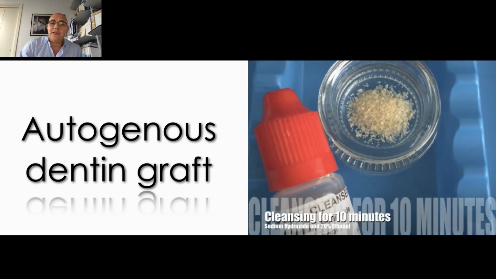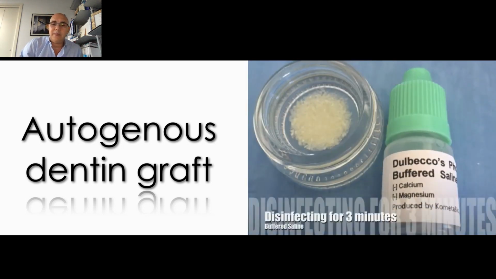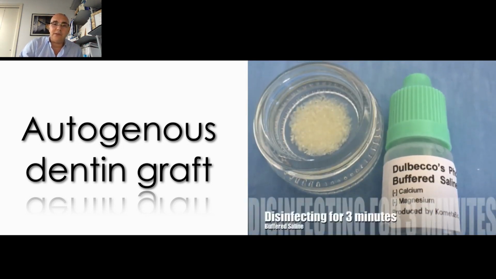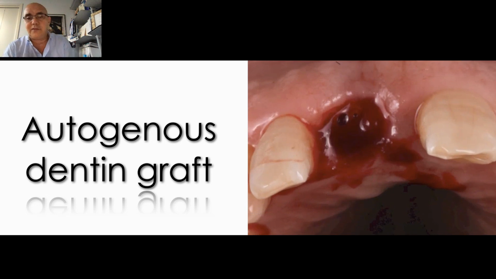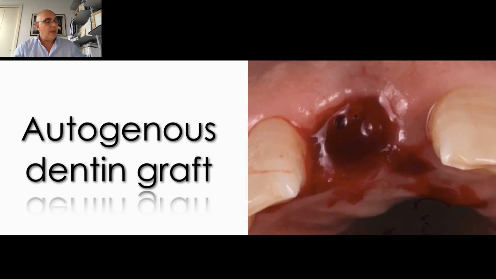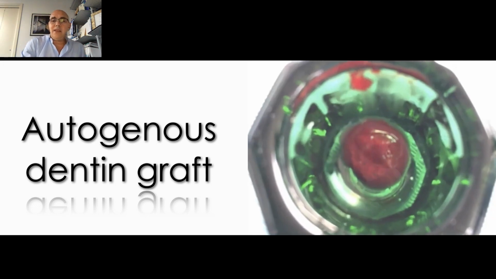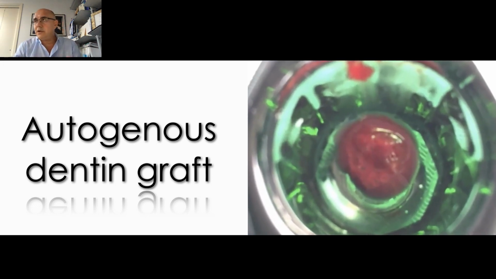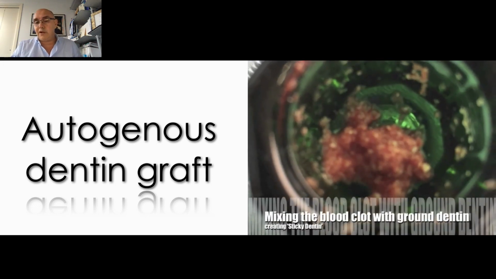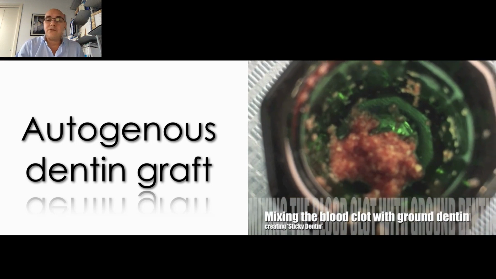So cleansing solution for 10 minutes, and then disinfecting it for 3 minutes. So 13 minutes plus 2 of grinding, 15 minutes in all, and you get basically your graft ready. And then you mix it with the autogenous blood clot. The patient has already clotted quite well after you have extracted the tooth.